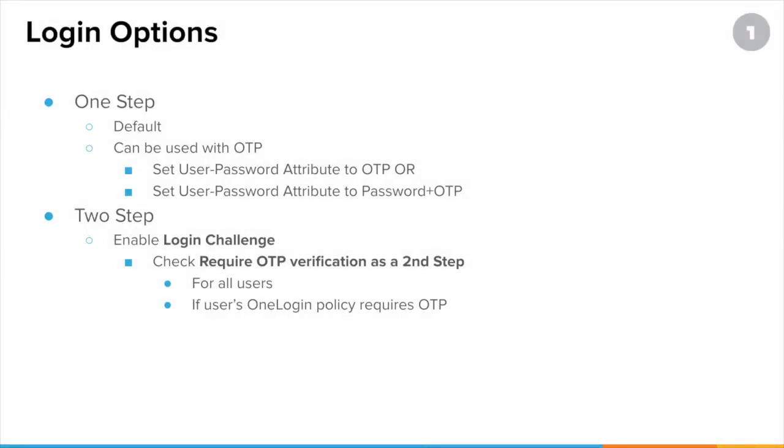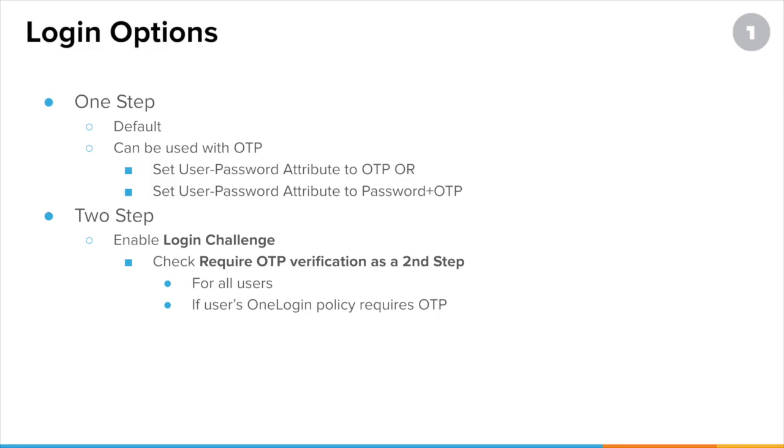As we mentioned briefly before, OneLogin's Radius server interface gives you the ability to require either a one-step or a two-step authentication process. The one-step login flow is the default, and by default, it requires a user to provide a username value, which we already mentioned is by default mapped to their email address. But you could change this and maybe map to their UPN or SAM account name if you want.